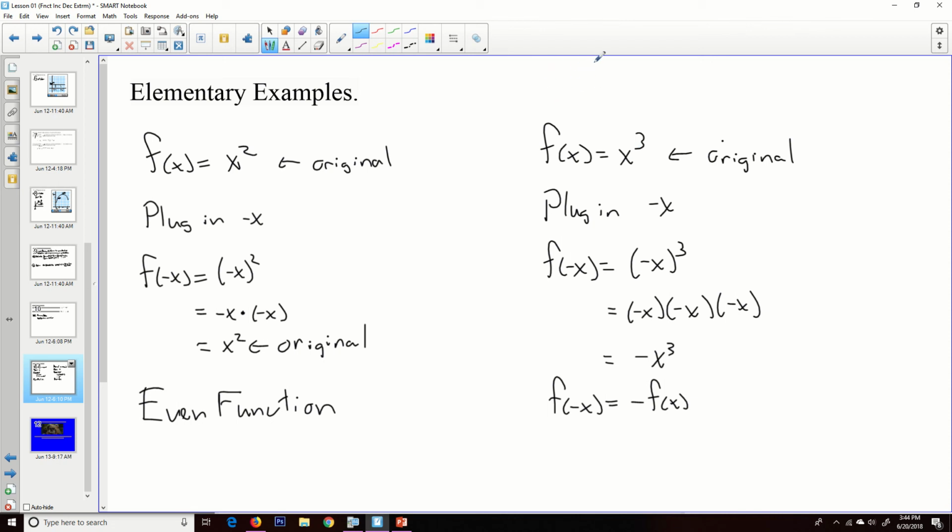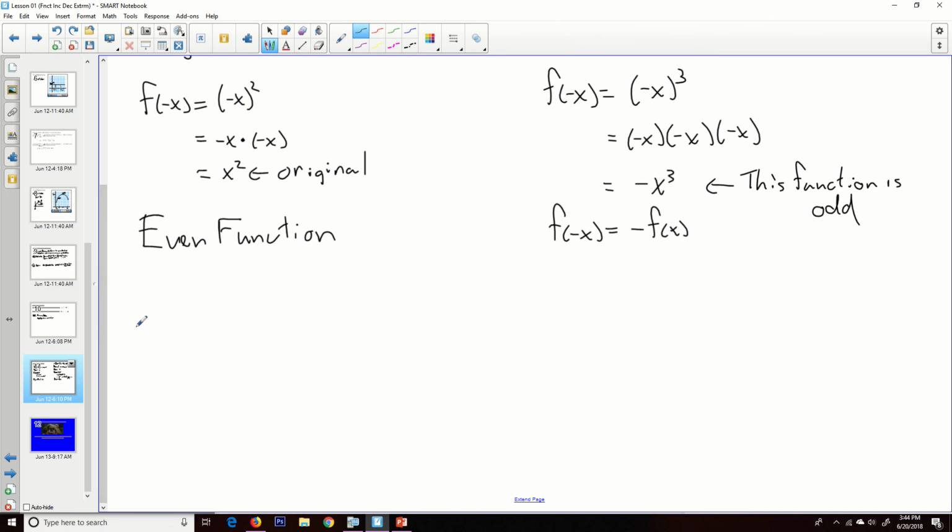If I take f of x equals x to the third and multiply that by negative 1 and distribute, I get negative f of x equals negative x to the third. So this function is odd.